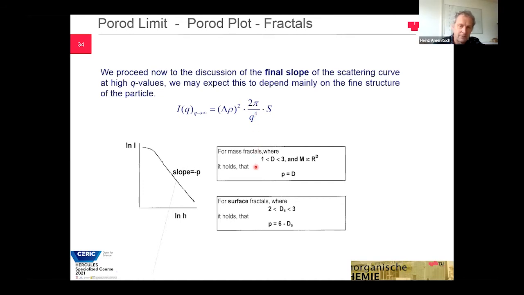And this is important, as I was mentioning before: for elongated structures, you have 1/q behavior. For lamellar structures, you have 1/q squared behavior. And if you have a power law between 1 and 3, you're measuring mass fractals.